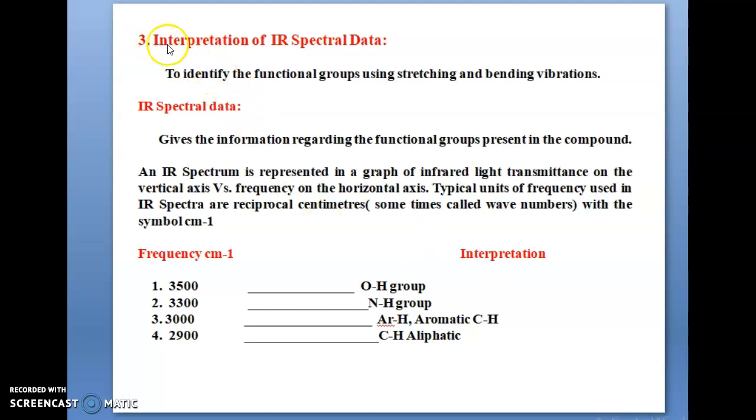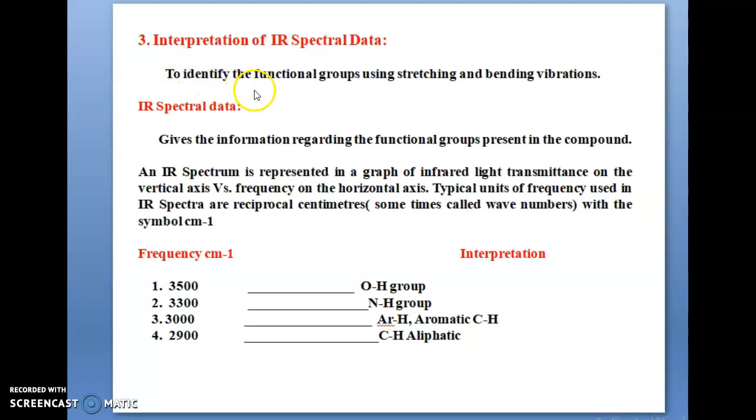Next, the third one is the interpretation of IR, infrared spectral data. IR spectroscopy is used to predict the molecular formula and structure of the unknown organic compound. IR plays a major role in spectral data extraction, to identify the functional groups using stretching and bending vibrations.